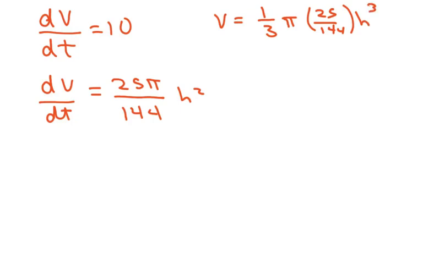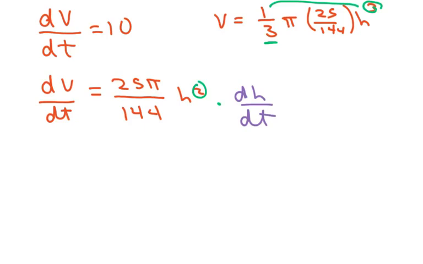When I take the derivative of this, that's going to cancel out this part, and we're back to h squared, times the derivative of h with respect to t.